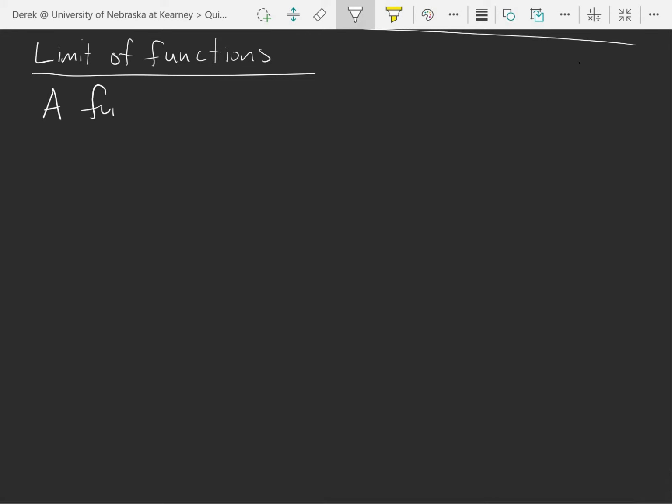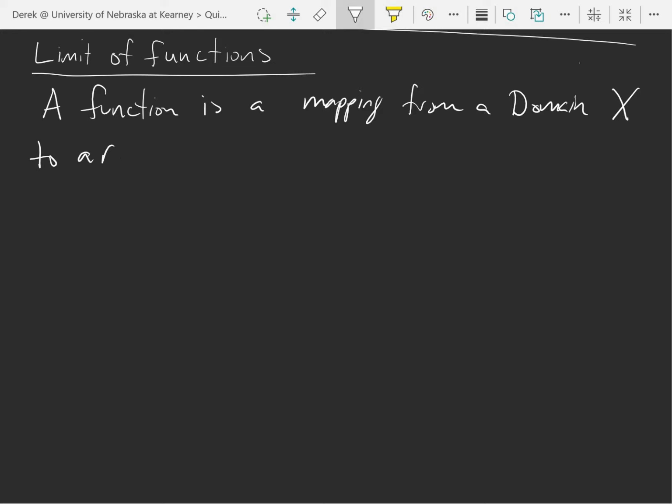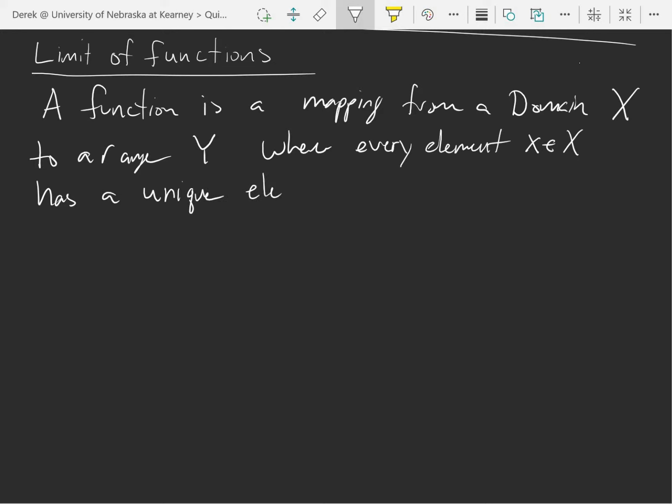So a function is a mapping from a domain, let's call it X, to a range Y, where every element x in X has a unique element in the range Y associated to it.